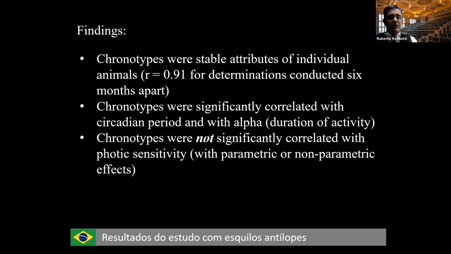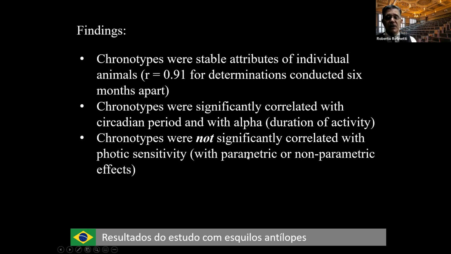Another finding was that chronotypes were not significantly correlated with photic sensitivity, which again we don't have the time to go into, but that would be an important determinant of your relationship with the light-dark cycle, because your sensitivity is going to determine either parametric or non-parametric entrainment, meaning depending on the mechanism of masking or entrainment by pulses.